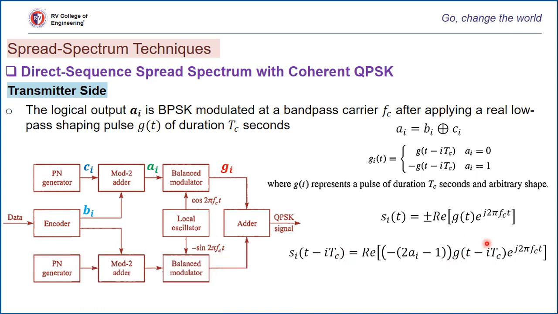We can say that si of t minus iTc, which is a modulated signal, can be represented in this fashion. Whenever ai is equal to 0, the amplitude is plus g of t minus iTc, and whenever ai is equal to 1, it is minus g of t minus iTc. Hence this is a modulated version of the BPSK signal generated in the upper path.